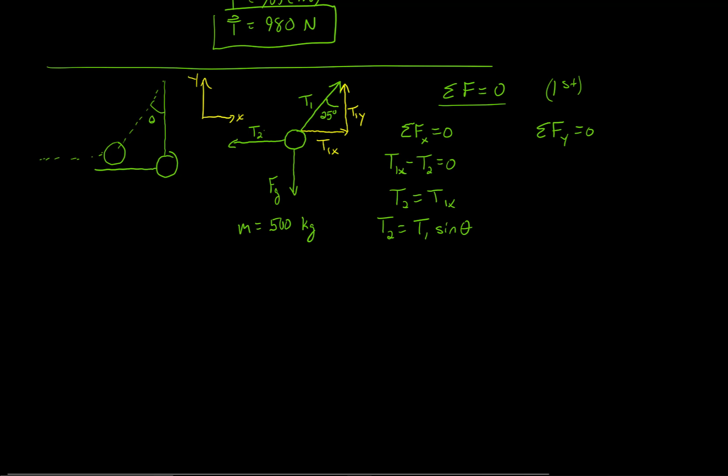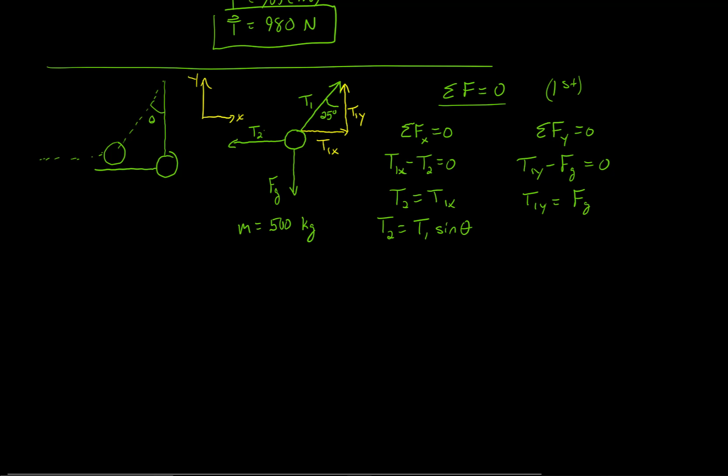In the y direction, I have two forces. I have this one, and then I have a force of gravity over here. So I'm going to get T1 in the y direction minus the force of gravity is equal to 0. If I move that over, it's minus because it's down. T1 in the y is equal to the force of gravity.